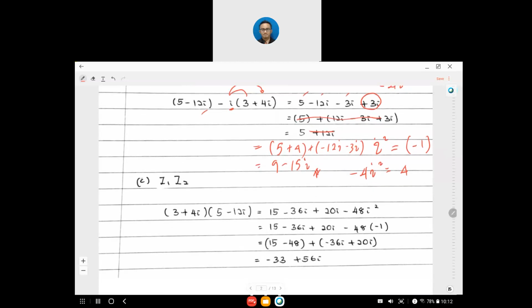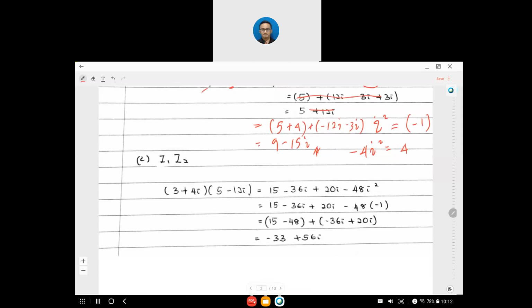Okay, question C. Question C is also the same thing. Z1 times by Z2. Z1 you have 3 plus 4i times by 5 minus 12i. So you need to expand this one.